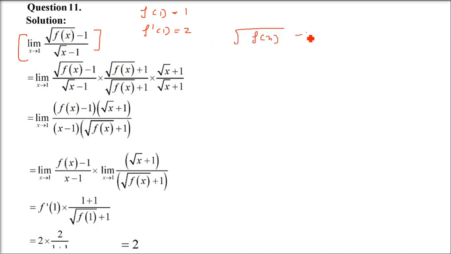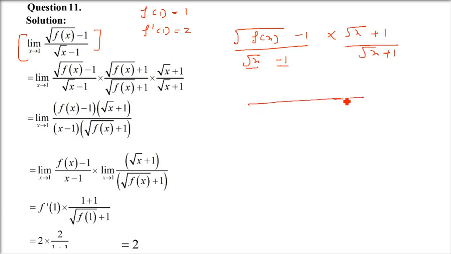We have to multiply it by the RF, rationalizing factor. So I'm multiplying root x plus 1 for the denominator, root x minus 1, but the numerator is also root. So I have to multiply the numerator also with the term which is your root fx plus 1.